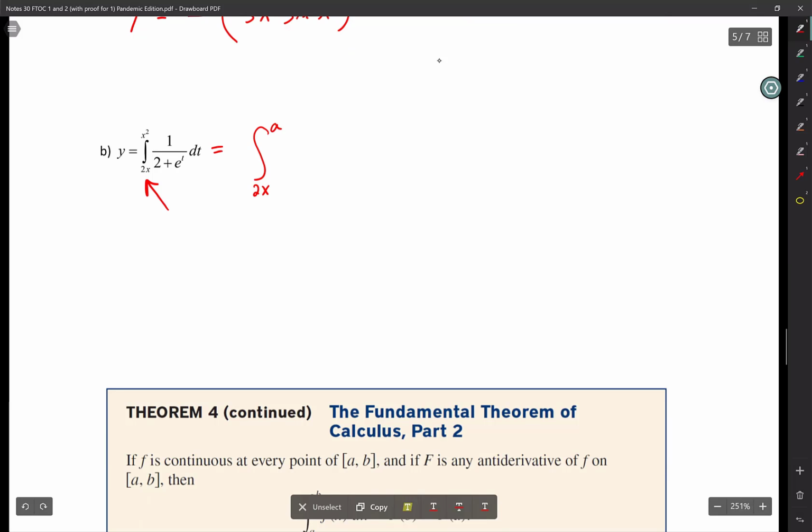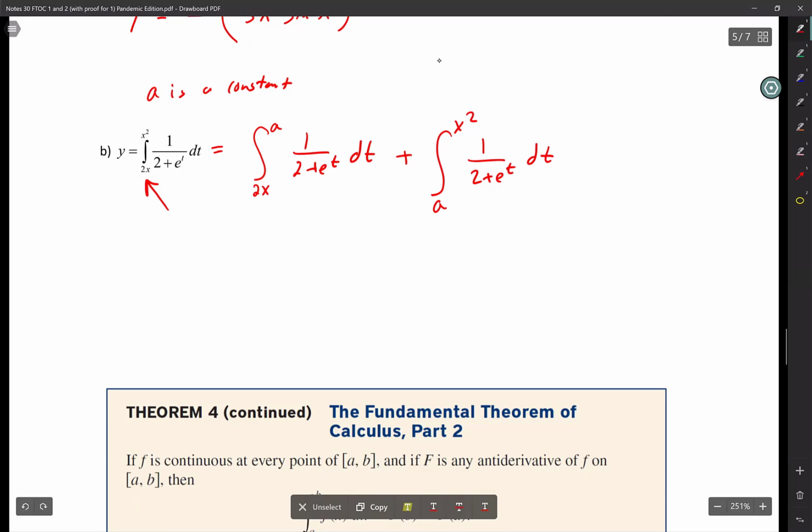And on the side, I would put a as a constant. Of 1 over 2 plus e to the t dt. Plus, wherever this integral stops, the other one better start. A to x squared of 1 over 2 plus e to the t dt.